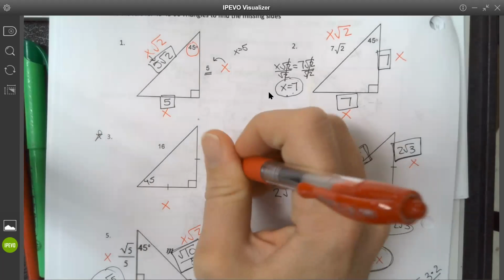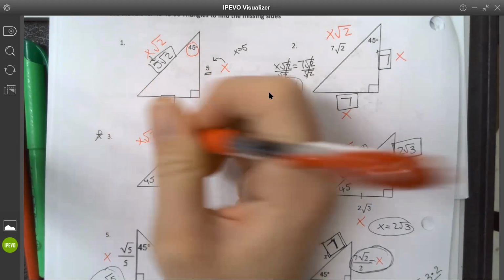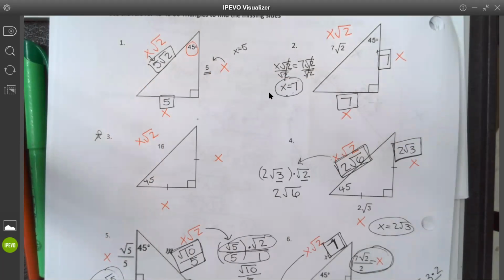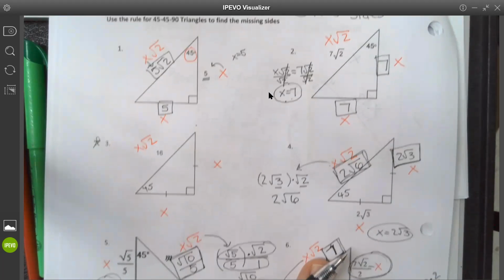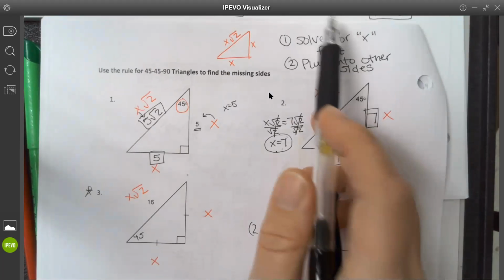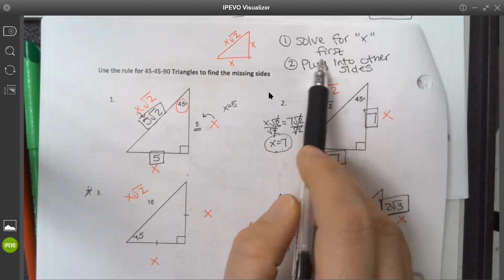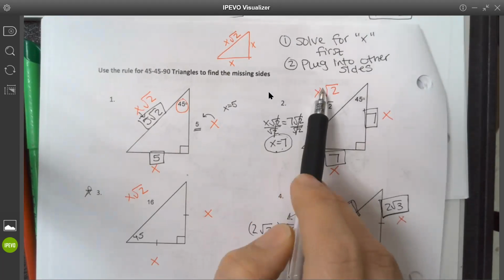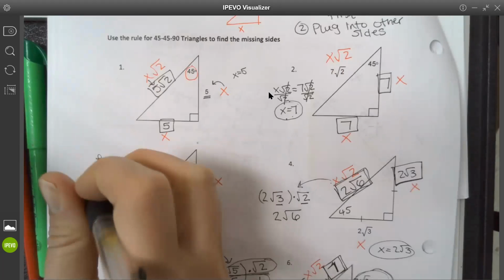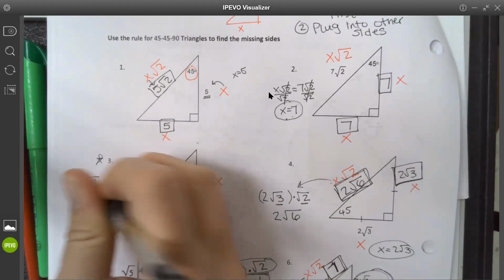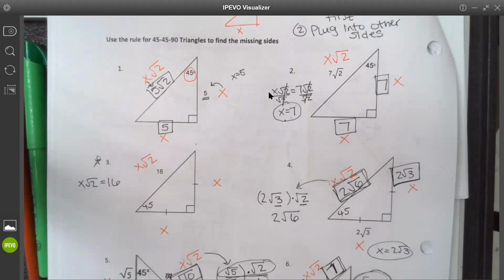So this is x rad 2. So the side that I am given, I'm just going to push this up a little bit. Remember, if we're not given the side that's x, I'm going to solve for x first, and then I'll plug it in. So right now, I know that the side that x rad 2 is, is 16.